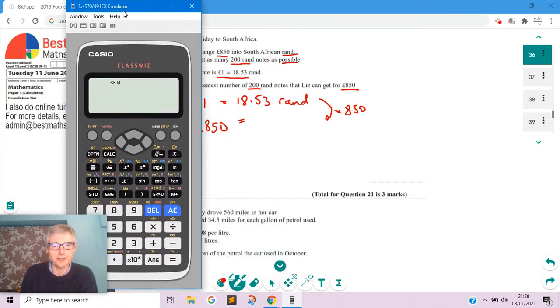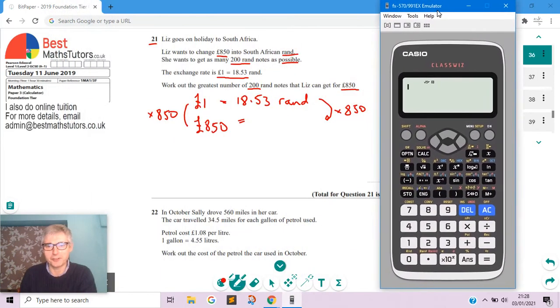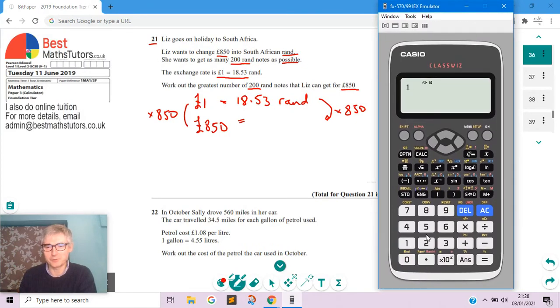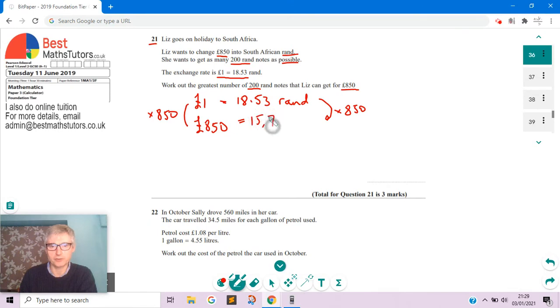We multiply 18.53 times 850. We get it in that format, but if we press the SD button, that'll put it as a decimal. So we can see we get 15,750.5 Rand, and I'm going to call it 0.50 because it's money.